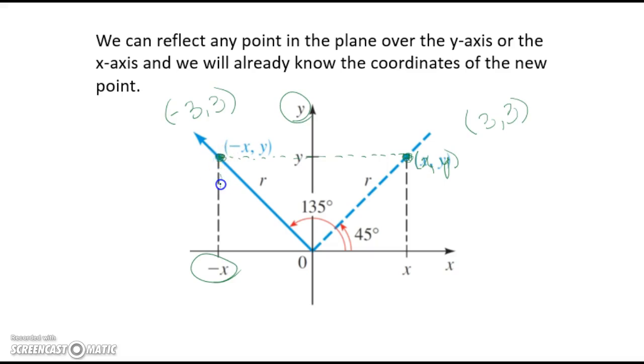If we took this point and reflected it the same distance over the x-axis, we know the coordinates of that point. That would have to be negative 3, negative 3. And again, if we reflected it back over the y-axis, we know the coordinates of this point. Positive end of the x-axis, negative end of the y-axis. So we're going to use that when it comes to filling out what's called the unit circle.